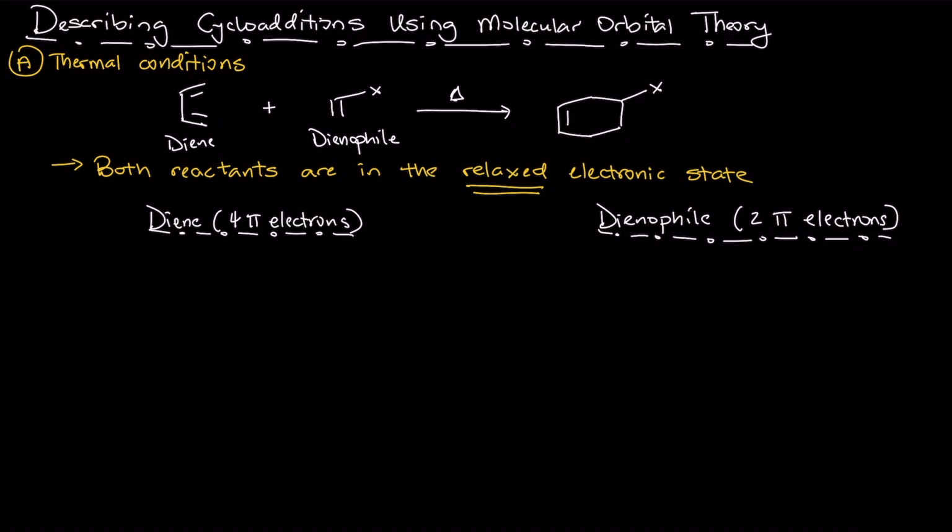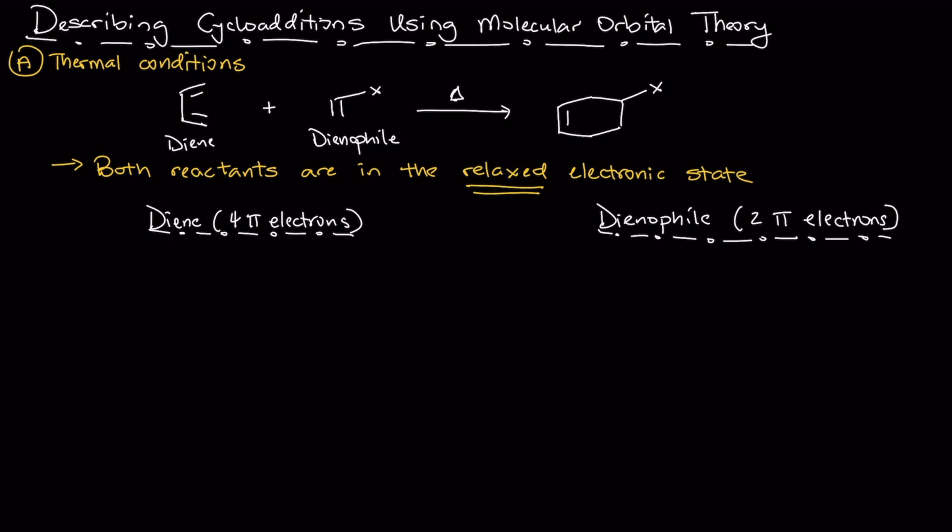And within that conjugated pi system, there are four pi electrons. So if you look at your diene, we see that there are essentially two double bonds. Remember that each pi bond contains two electrons. So that means there must be four pi electrons total in this pi system.